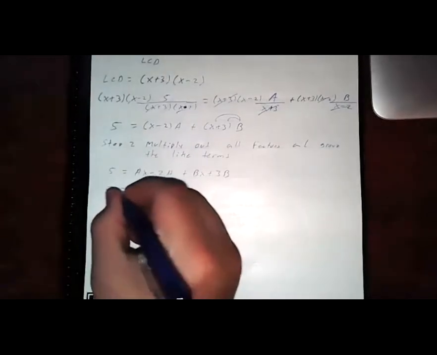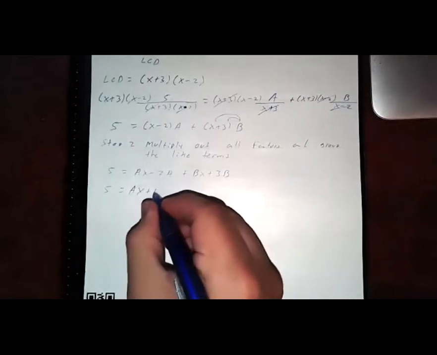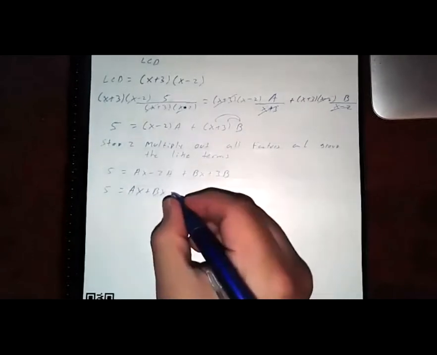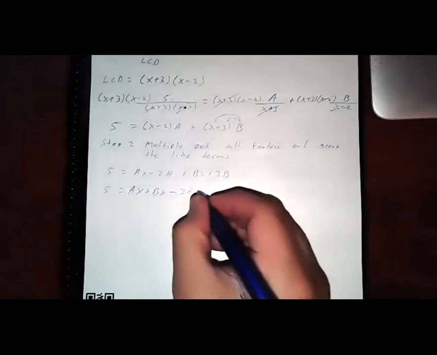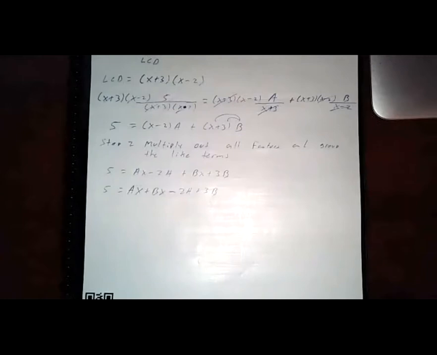Now the next step is grouping the common terms, the like terms. So ax plus bx minus 2a plus 3b. Yeah, you guys still with me at this point?